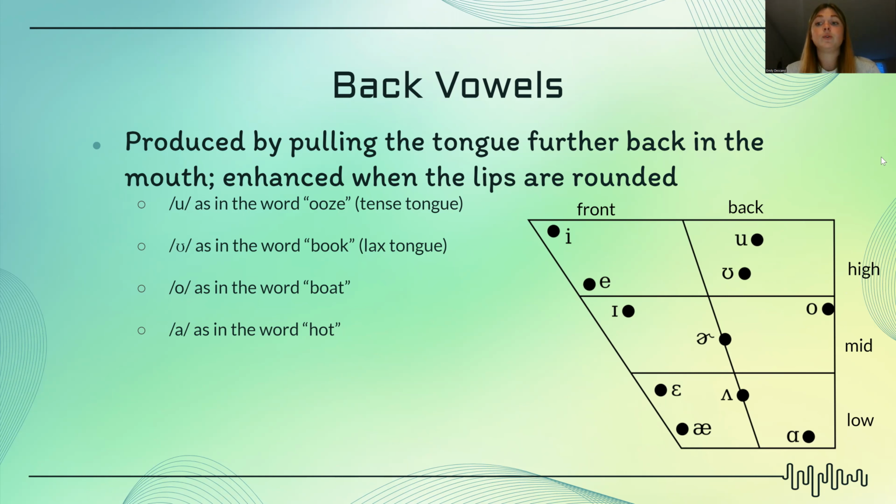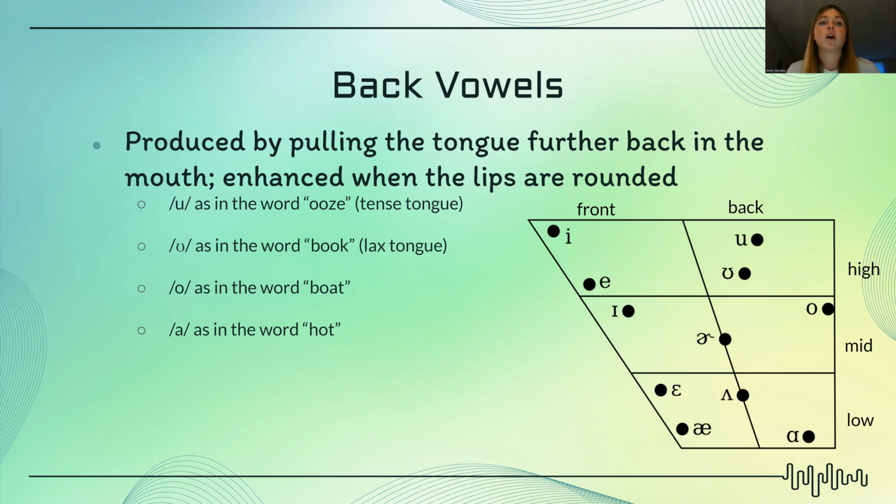Then we move down to the mid-back vowel O, as in the word boat. When you make that sound, your lips are also rounded, but your tongue is more in the middle of your mouth. It isn't pulled up quite as high. If you go from oo to O, you can feel how your tongue shifts down a little bit, but the body of your tongue is still pulled to the back.